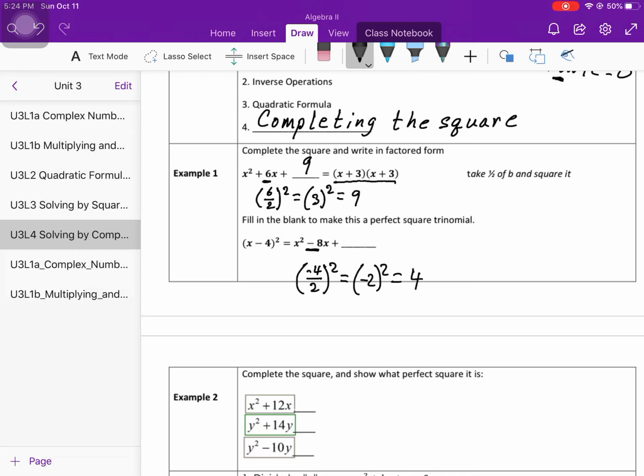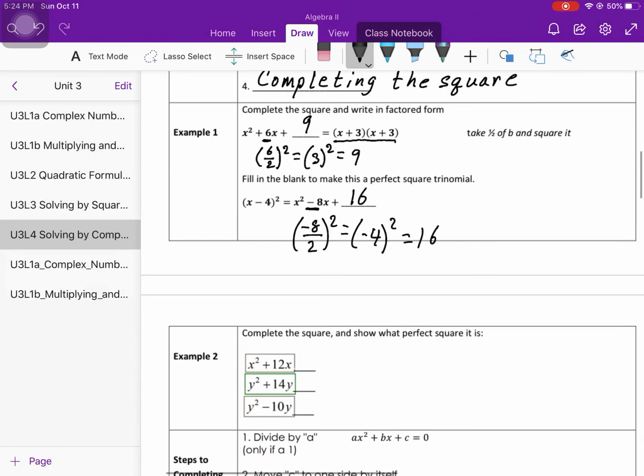But when we square a negative number, we still get a positive. So we end up with plus 4 right there. Actually, I messed that up. It should have been negative 8 here. So I got to erase this because that's the b value. Then we divide it by 2. We get negative 4. And when you square negative 4, we get positive 16.